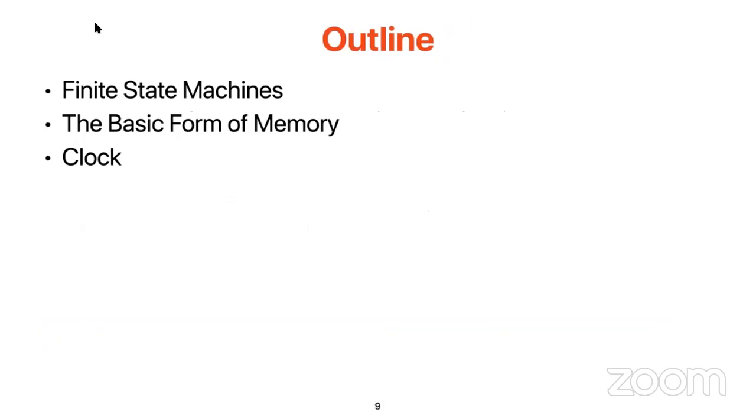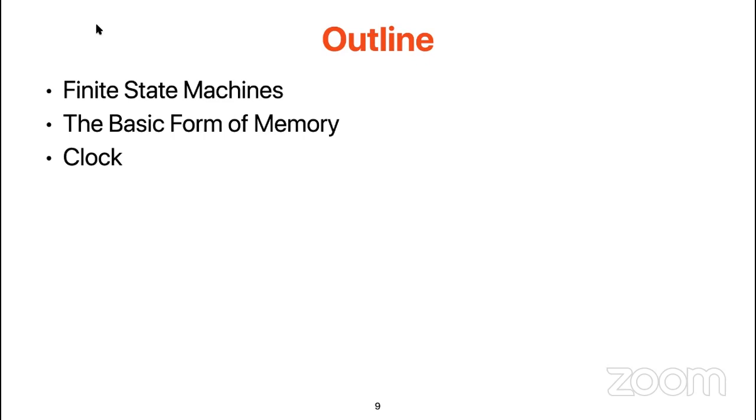So let me give you a complete recap on finite state machines, because these are really important. If you cannot draw a finite state machine, it's really hard for you to get things right. Then we are going to talk about the very basic form of memory, as we mentioned that memory is one of the important features that sequential logic gives you.